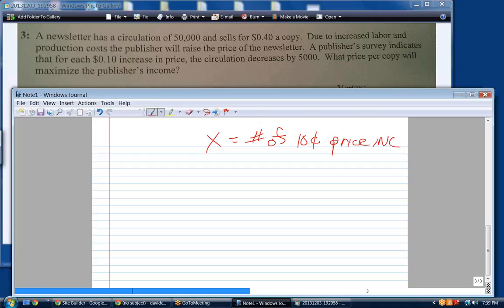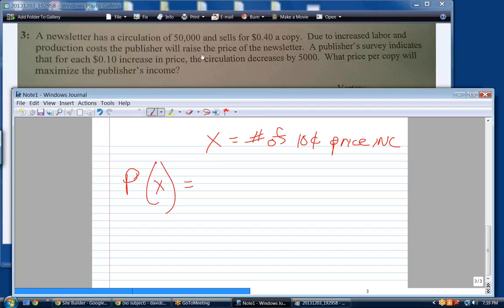Okay? So our income, if you want to say the publisher's income, as a function of X is, well, what?